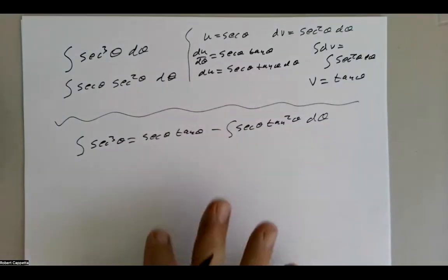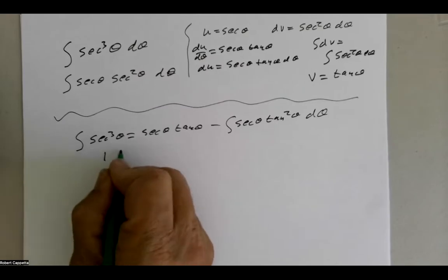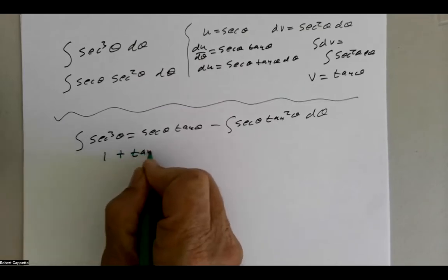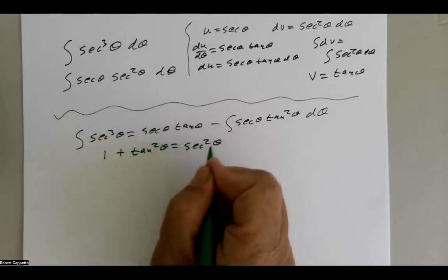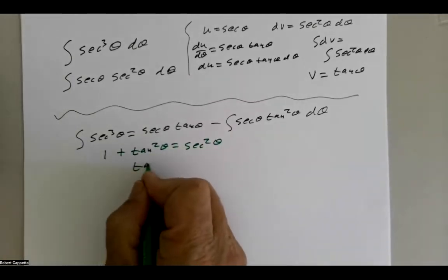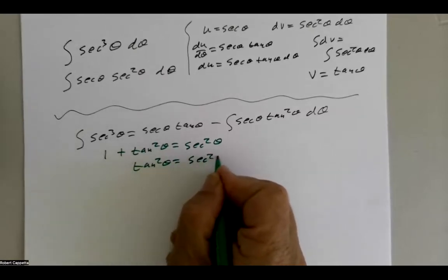At this point, you might be extremely frustrated with just how tedious this is, but there's another magic trick we need to use to finish this problem, namely the identity 1 plus tan squared theta is sec squared theta. So tan squared theta is sec squared theta minus 1.